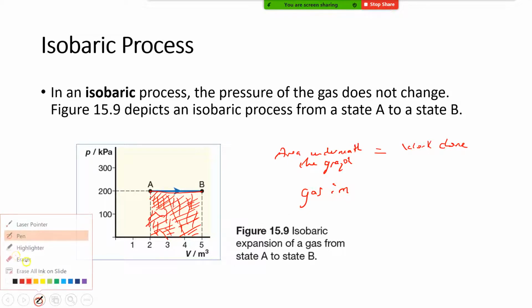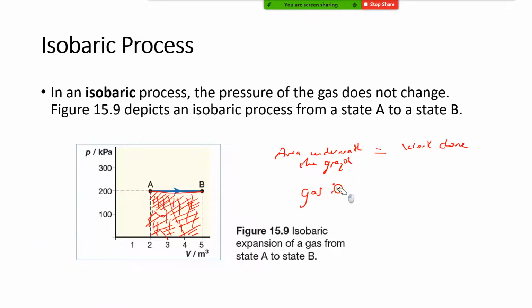I think you can understand that because if the volume of the gas is moving from 2 to 5, then that simply tells us that the gas is expanding, which means that the work is going to be negative because it's doing work against its environment to expand itself. We understand that? Let me know.